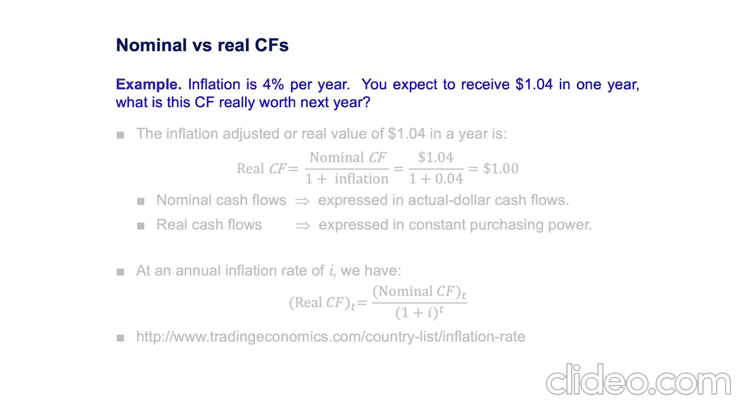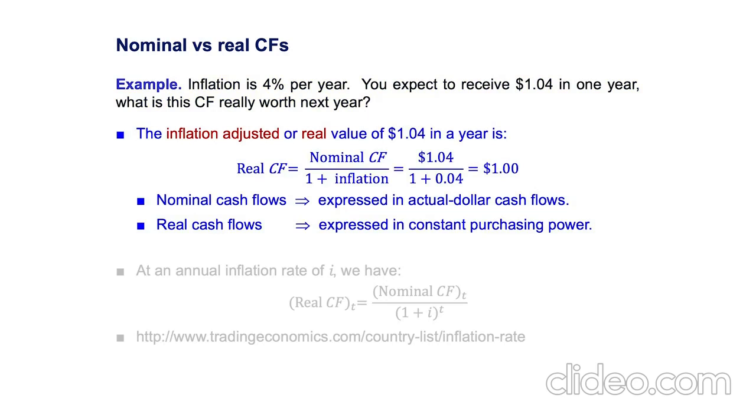Let's consider a simple example. Suppose that inflation is 4% per year, and you expect to receive $1.04 in 1 year. What is the real value of this cash flow, namely its actual purchasing power? What we need to do is to adjust for inflation.